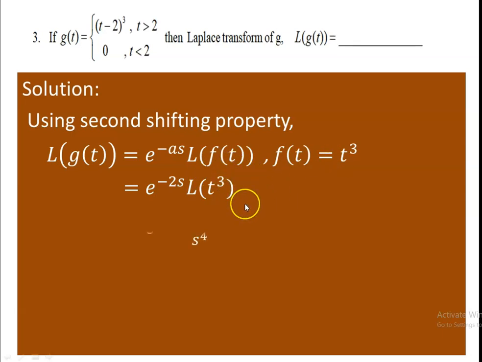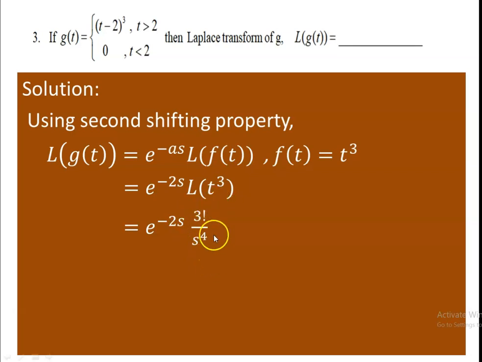So from this, what comes next is the Laplace transform of a power function must be recalled, and that is 3 factorial. This is to the power of 4 because we are having 3 here, so the Laplace transform of t to the power of n is n factorial over s to the power of n plus 1. Since n is 3, we do have 3 factorial divided by s to the power of 4.